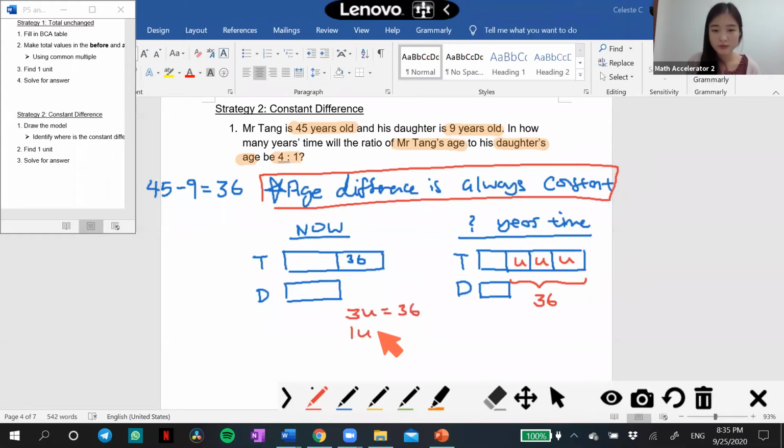With this, you can find 1 unit. So 1 unit equals, yes, 12. One unit is 12.